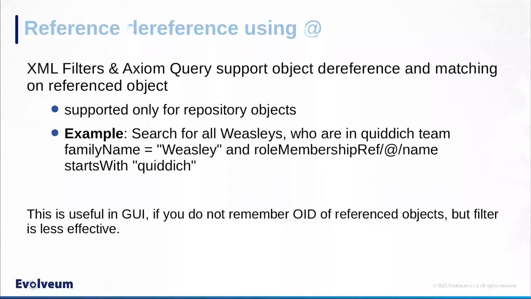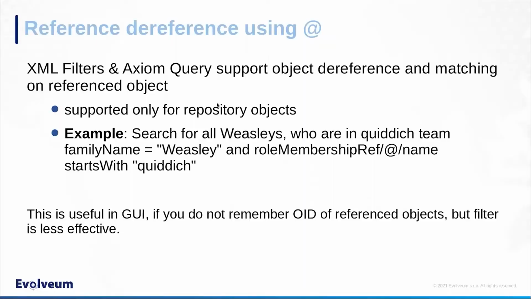This filter is only supported for the objects which are stored in the repository. This filter cannot be used against resources or in memory. And this is a very useful filter in the GUI if you do not remember OIDs of the reference objects, but names.